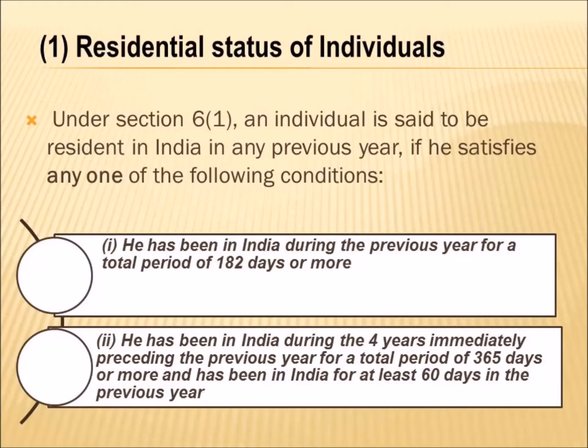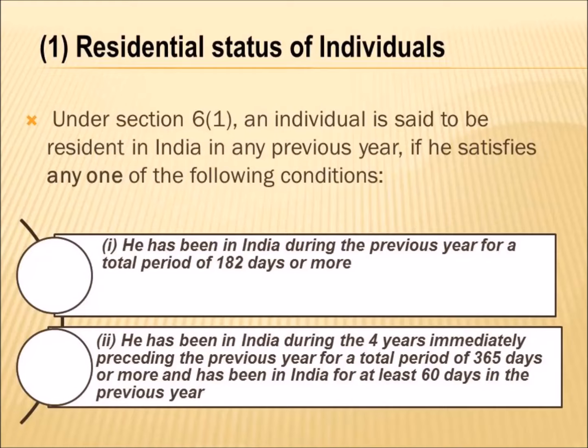First of all, I have to be in India for a total period of 365 days in the 4 years immediately preceding the previous year, and just pay attention to this word AND, it means also I have to be in India for at least 60 days in the previous year. Then only I would be called a resident in India.